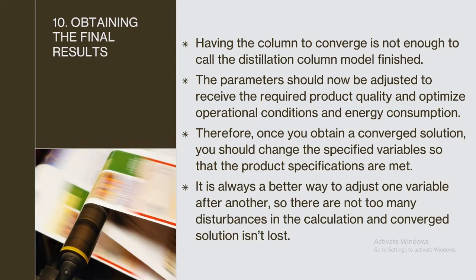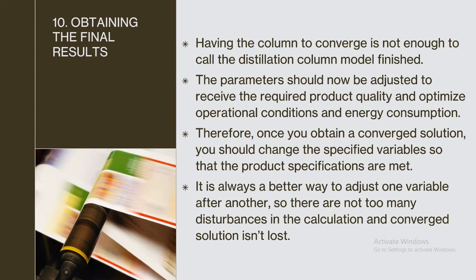The pressure, we just assumed 1 atmosphere, but can we actually reduce that pressure and use vacuum pressure so that it becomes more optimized? Also, the number of stages is not optimized. You just guess a number like 30, which you usually assume to make your flow sheet converge, right?